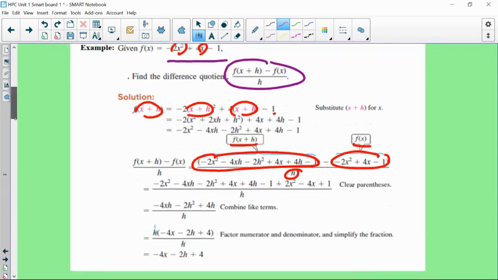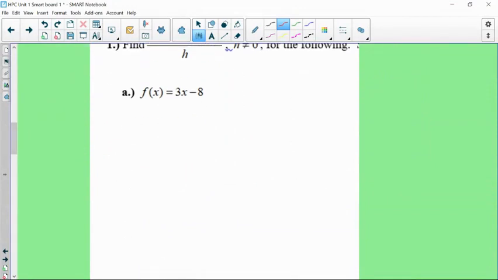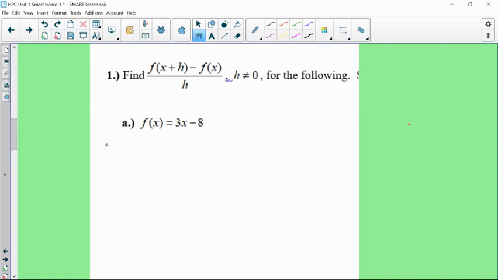So let's look at a more simple example on the back. Let's work through this first example, 1a. It says find the difference quotient using this function. So again, I have that difference quotient, and just to help me commit it to memory, I'm going to write it down so I remember it. Then I'm going to think about my function, this 3x minus 8.